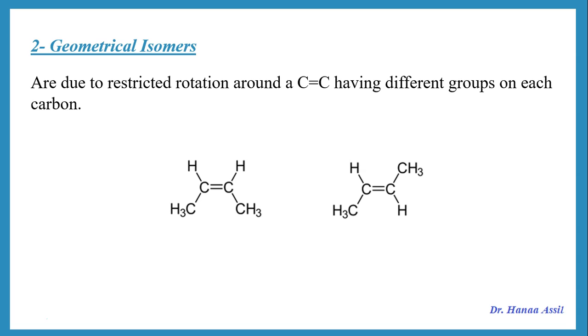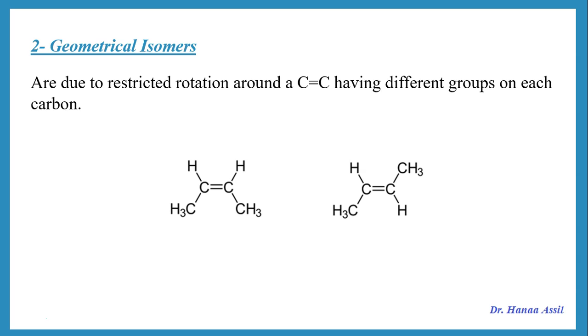Another type of isomer is geometrical isomers. And these are isomers when we have a double bond, and each carbon of the double bond is bonded to 2 different groups. So if I have a double bond, the carbon on the left is bonded to a hydrogen and CH3, so these are different. The other carbon also is bonded to different groups.